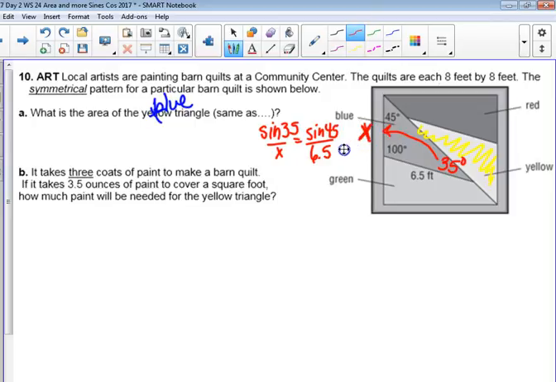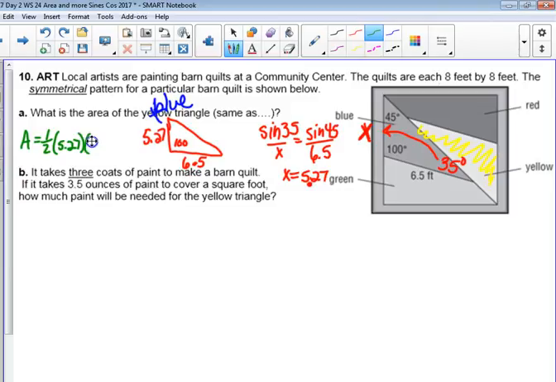Anybody getting 5.27-ish? No? Did I type something wrong? Okay. So now the area we want to find is of a triangle that has a 5.27 here, a 6.5 here, and the angle in between was 100. So our area would be 1/2 times 5.27 or 5.3, whatever you want to do, times 6.5 times the sine of 100.